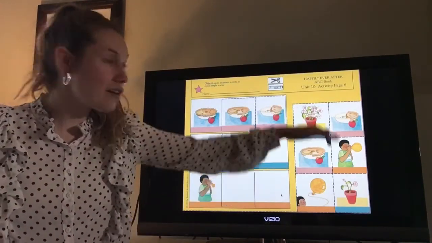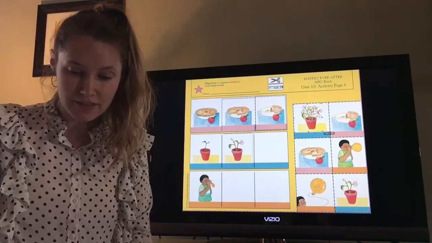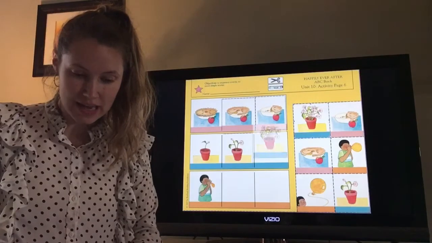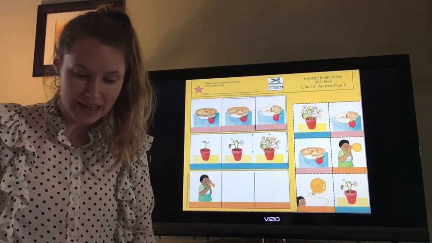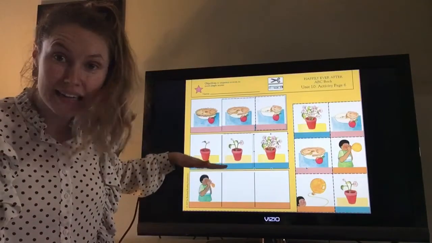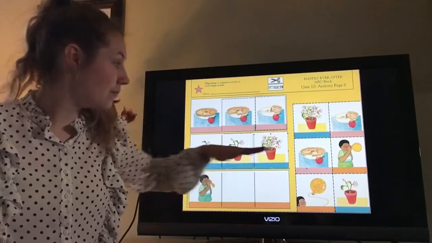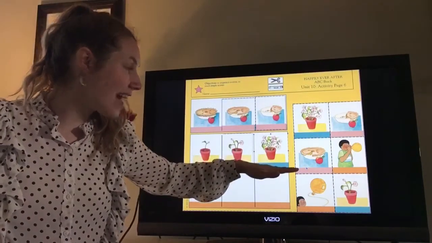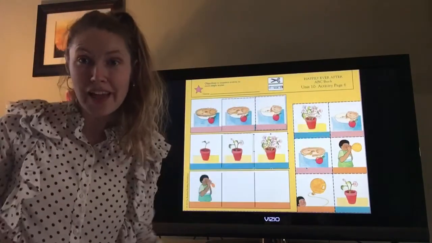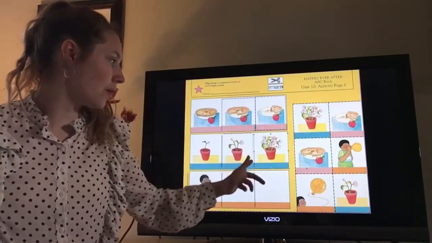Last, lots of flowers were blooming. My plant grew so much. So I'm going to take that picture and put it into my last square. So first I had a plant. Then I had one little bloom. And last I had a big bloom of flowers. So you can see the plant is growing in order.